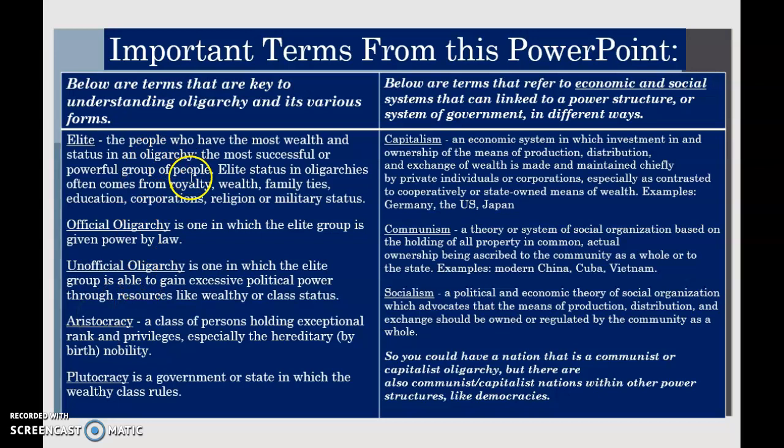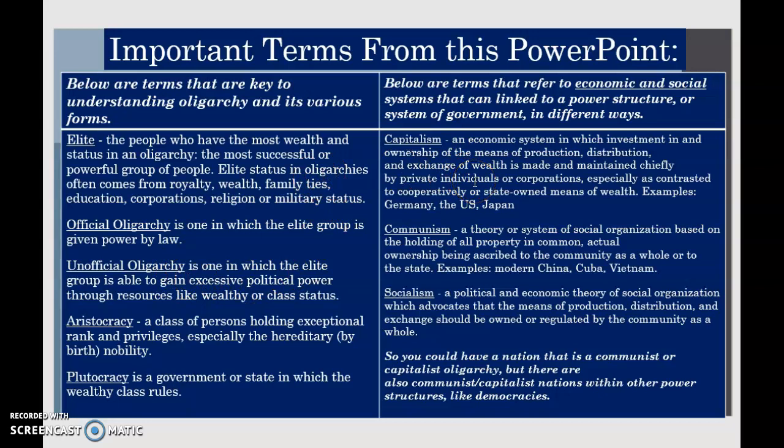These are some more terms that I think we've gone over most of, except for, I don't remember, we did the elite, and those are the people with the most wealth and status in an oligarchy. We went over official oligarchy, unofficial, aristocracy, plutocracy. So these are all words involved with oligarchy.